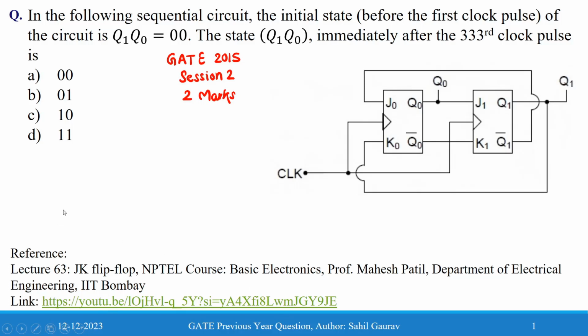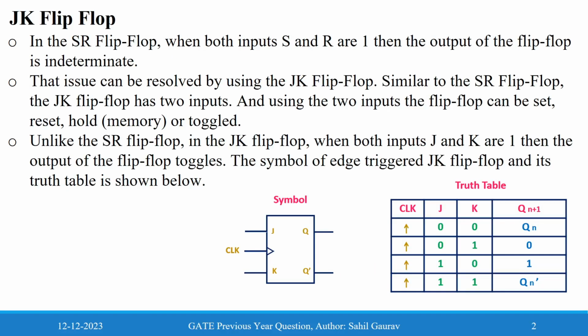Before we begin to solve this problem, let us have a quick recap about the JK flip-flop. In the SR flip-flop, we know that when both inputs S and R are 1, the output of the flip-flop is indeterminate.